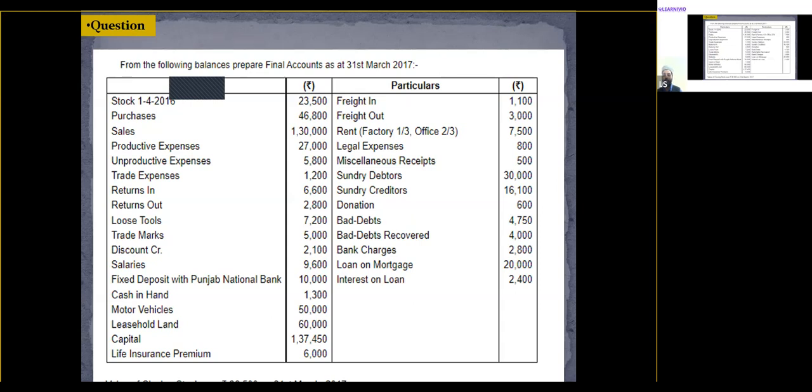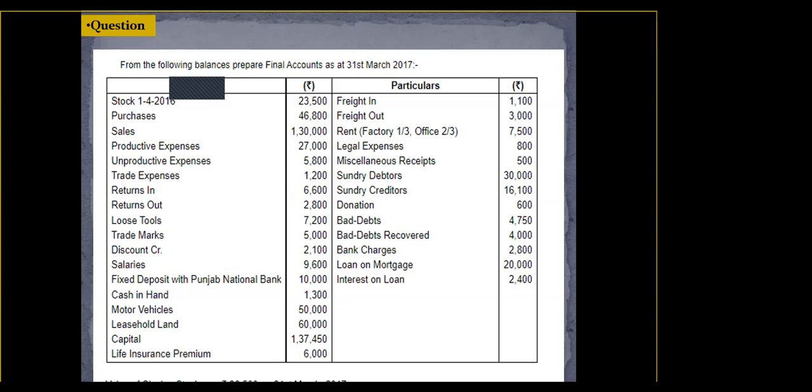Next, we have the information regarding purchases. So as I have already told you that purchases are always written in the trading account after adjusting the value of the purchase returns. So you will have to find out whether in this question purchase return is given or not. Alexander, Hamad, Steve, tell me whether the purchase return is given in this question, yes or no. No, sir.